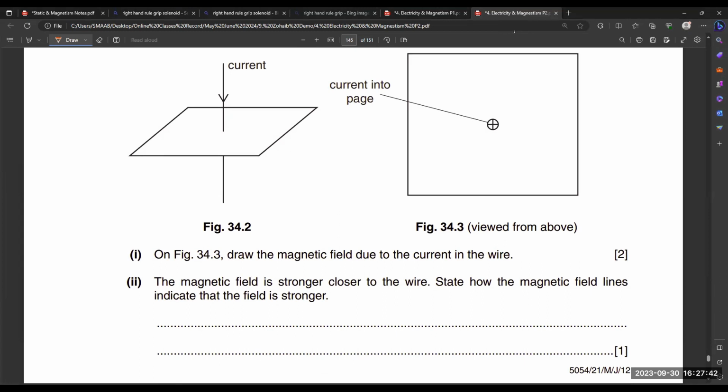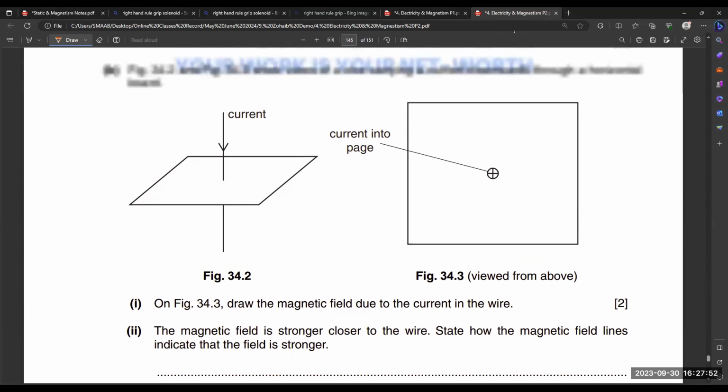So in the first part on figure 34.3, draw the magnetic field due to current in the wire. So basically you have to draw the magnetic field. Can you identify what will be the direction of the magnetic field and how to draw the magnetic field lines? Okay, sir, I'll annotate it on Zoom.